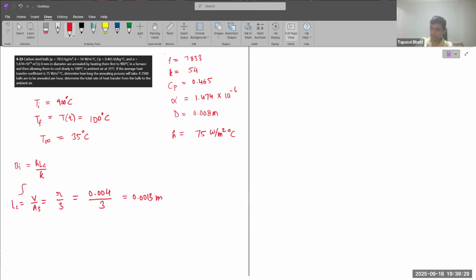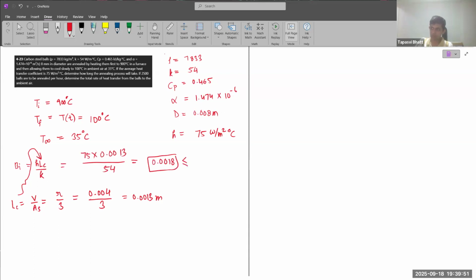So plugging this in, we'll say 75 times 0.0013 over k, which is 54. The answer which I have here for the Biot number is 0.0018. Is it less than 0.1?